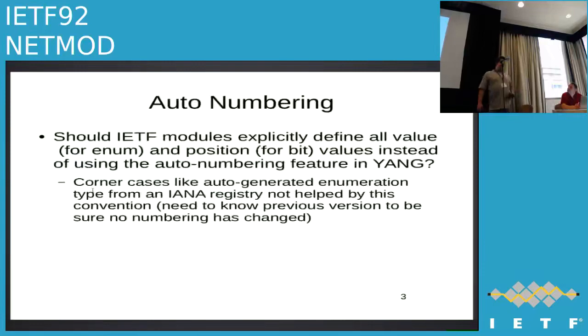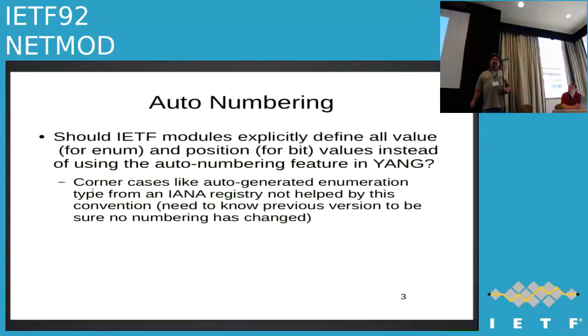This concept of auto numbering and enumerations in position. So Jürgen suggested on the mailing list that we could have a guideline that says that IETF modules have to be explicitly numbered.